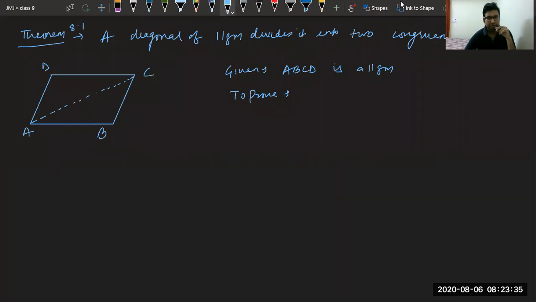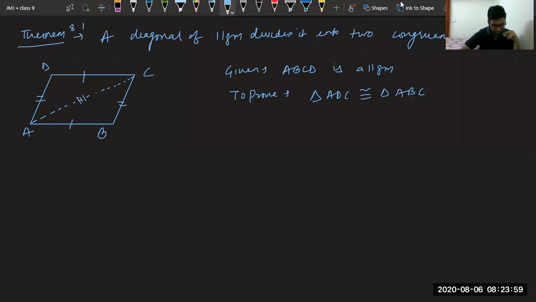If AC is the diagonal, prove that ADC is congruent to ABC. It's very easy. This side is equal to this, this is equal to this, and AC is common. So by SSS, both triangles are congruent and the question is proved. This way you can prove all the theorems on your own.